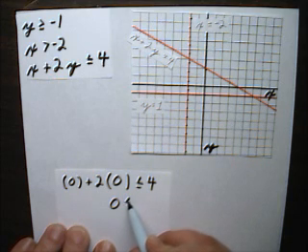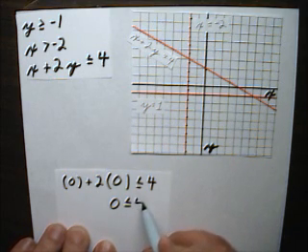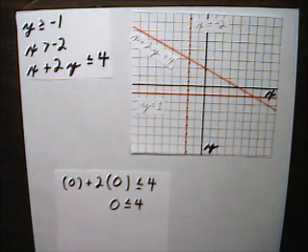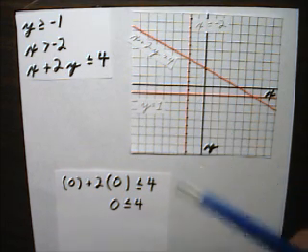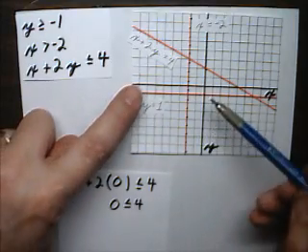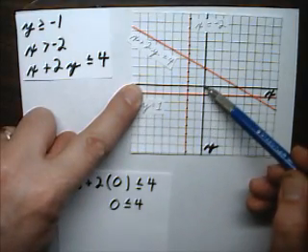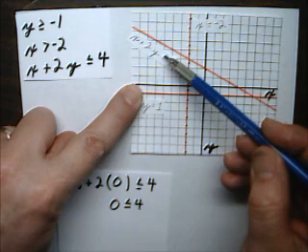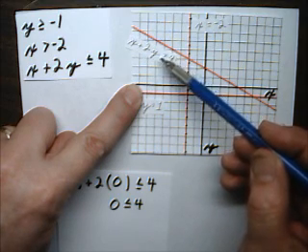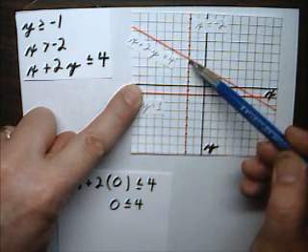Here I end up with 0 is less than or equal to 4. And that's true. That means that 0, 0 is part of the solution for the inequality that corresponds to this boundary line.